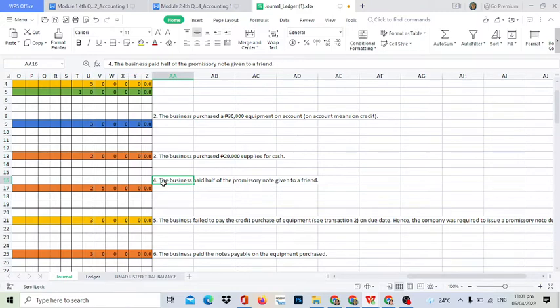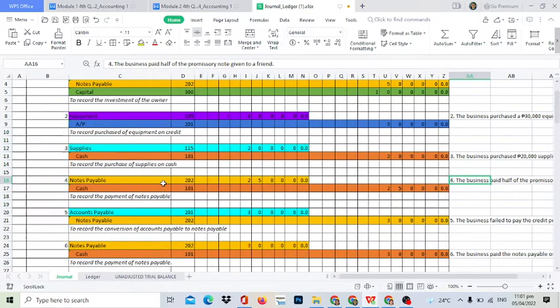So, which is 25,000. So, notes payable is under debit. Why? Because of decreasing in liabilities. Bumaba po yung kanyang notes payable kasi nabayaran niya na ng kalahati. So, from 50,000, naging 25,000 na lang.